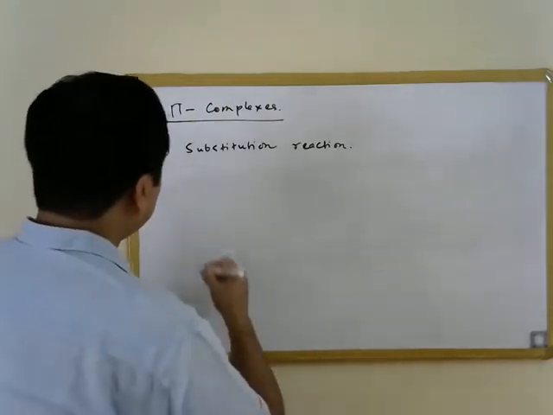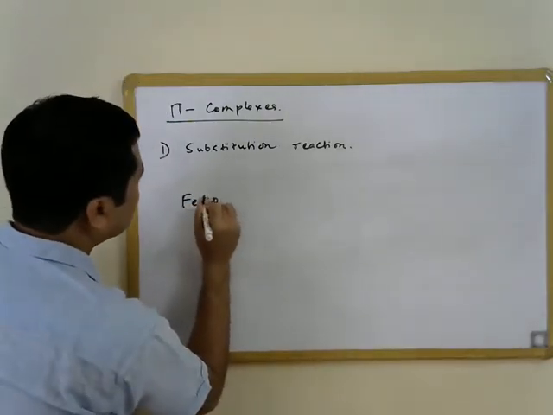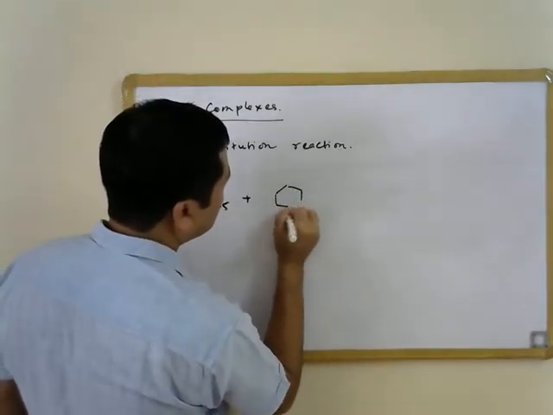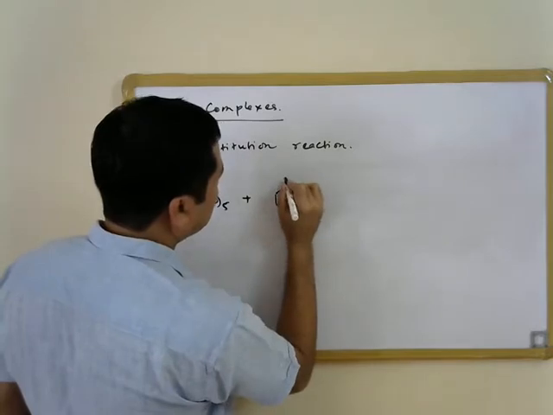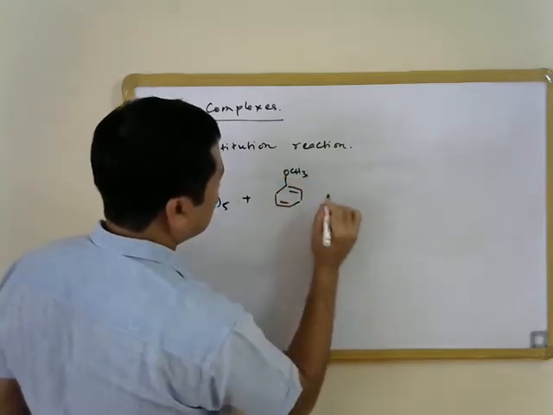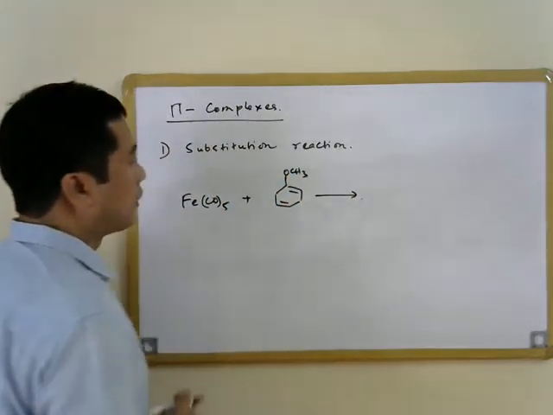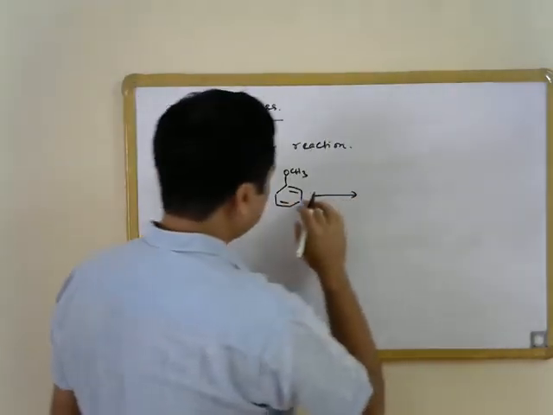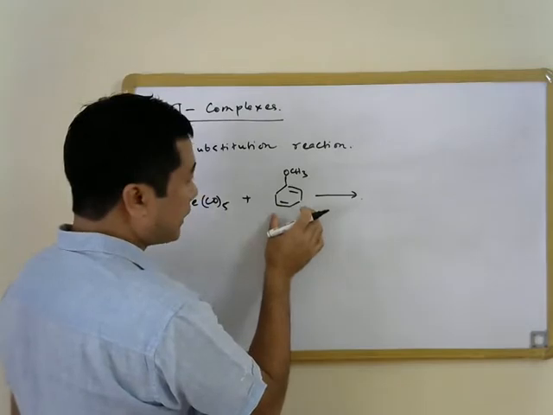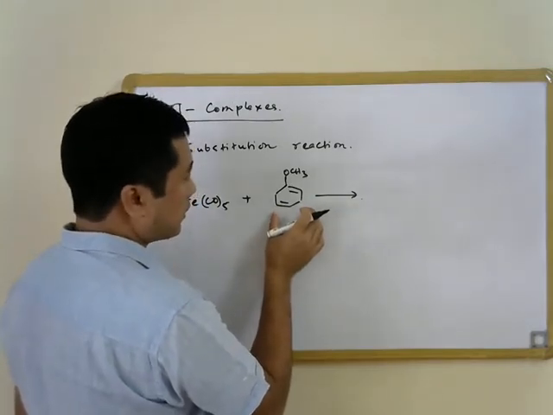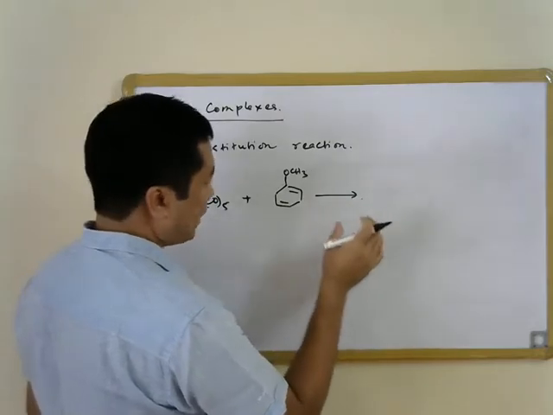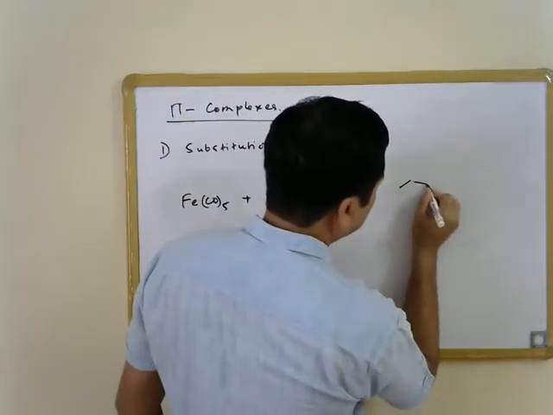Say, for example, if you take Fe(CO)5 and an olefin which is not conjugated, this cannot form a diolefin complex. So the ligand, or this compound here, is going to undergo isomerization to give us a conjugated olefin.